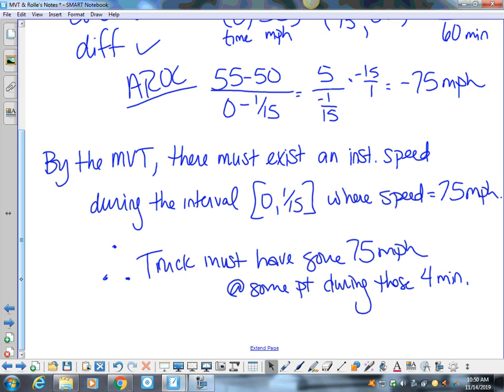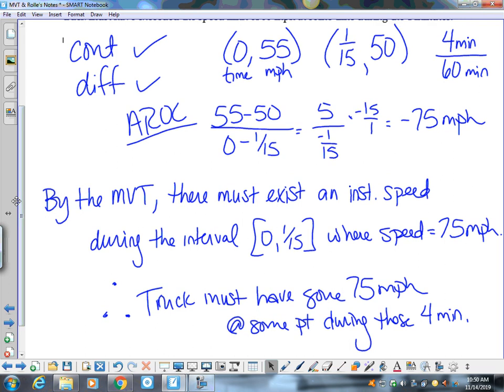If I know he started at 50, then he had to hit 70 to get to 75. And then if he was clocked again at 55, then he had to come back down, so he had to cross 70 again. And that's the same thing for 60 miles an hour or 57 miles per hour. He had to hit all the speeds in between if he ended at 55 or ended at 50.